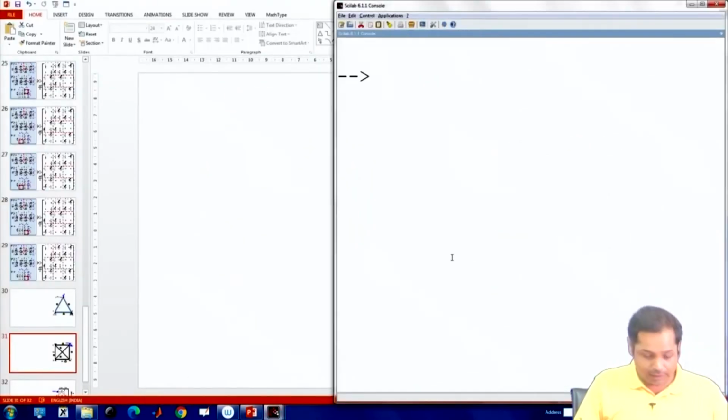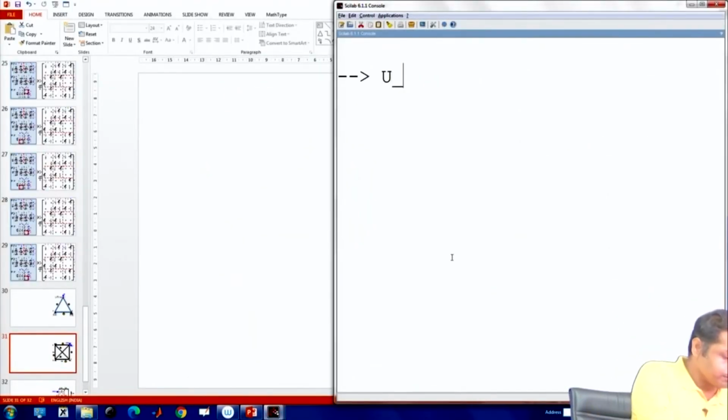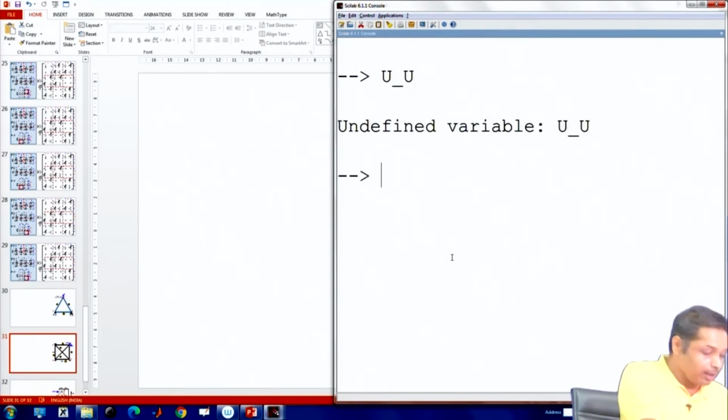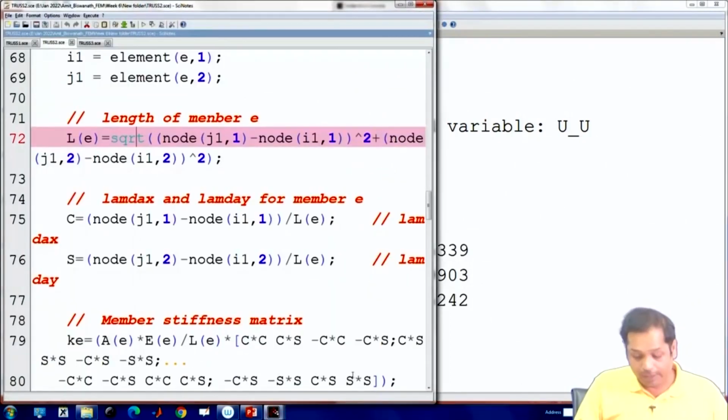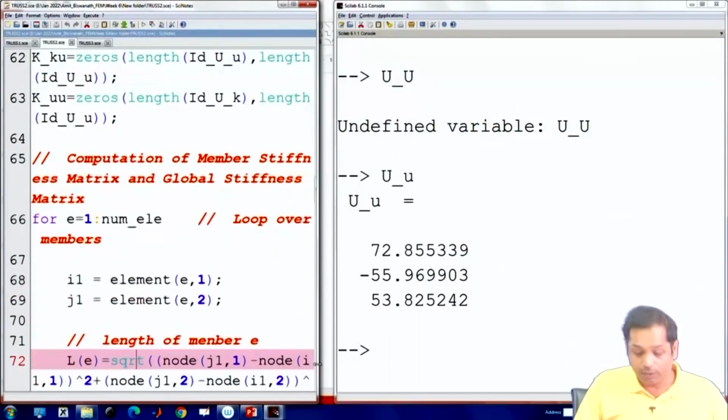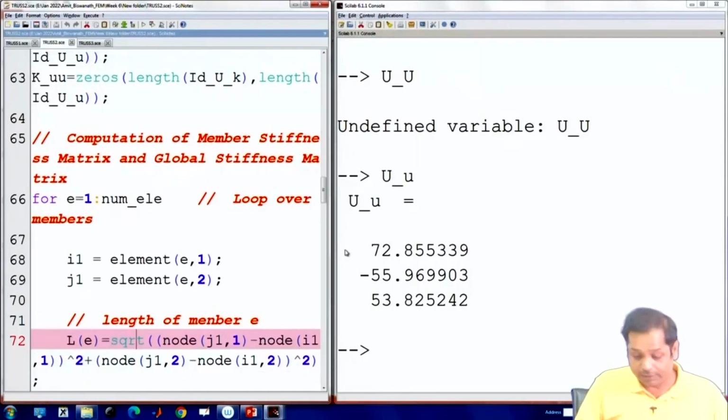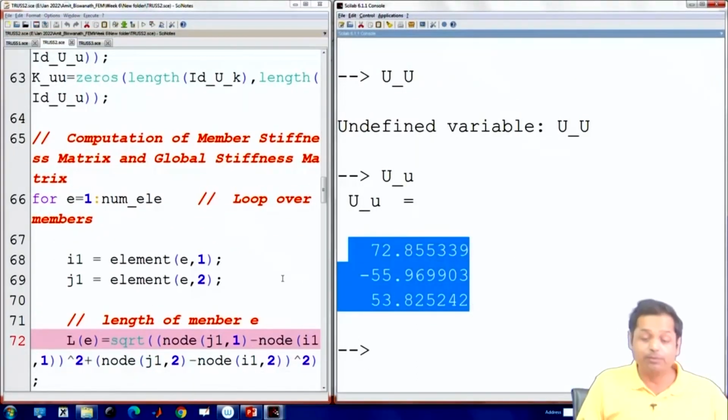Let's see the displacement. If you find the displacement, it is this. You may find this value seems unnatural, but please note it is a coefficient. This needs to be multiplied by PL by AE.